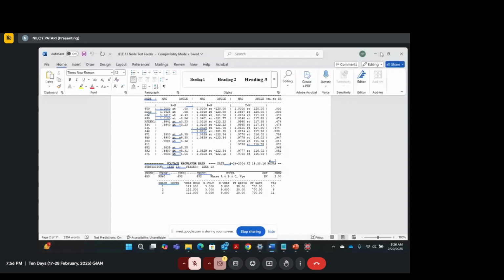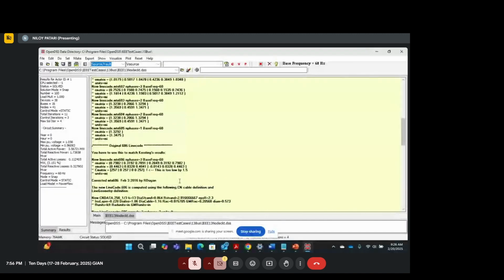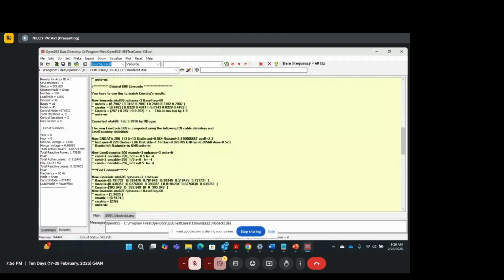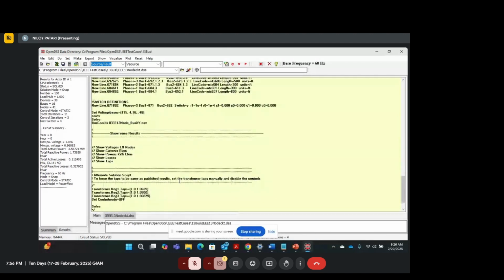So if you want to keep them at 10, 8 and 11, how should the voltages look? Let us try that. There is this alternate solution script in OpenDSS. It is commented out, but we can force the taps in the regulators to be at a certain value. And once we fix the taps, let's see if the power flow results match or not.